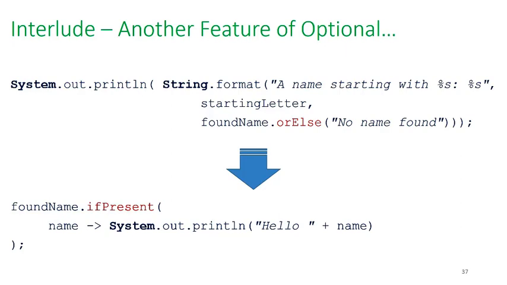So what you are saying is, I use foundName, and only if foundName is actually defined, only if foundName is wrapping around a string reference that is not null, then I will trigger this code. And how do you specify the code you want to trigger? Lambda, okay? We could do it differently, but it's just simple.